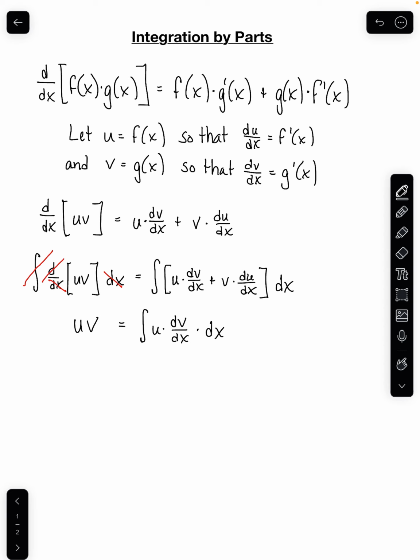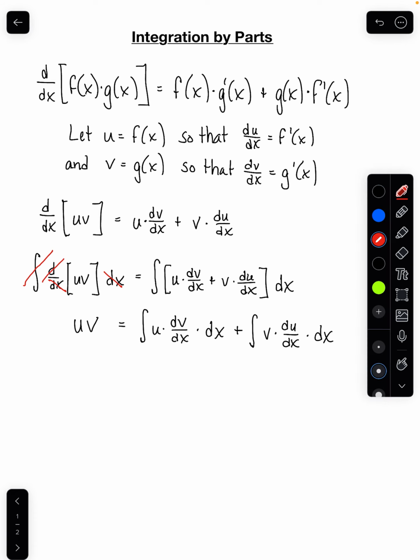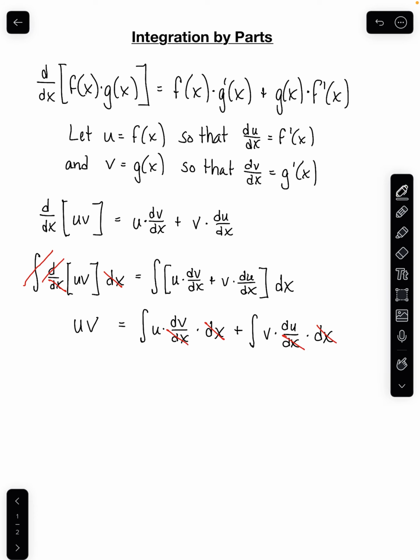So the integral of the first term, u times dv over dx, with respect to x, plus the integral of v times du dx with respect to x. And much as happened on the left side, we're going to get some dx's canceling in each of these integrals, so that the right side is going to leave us with the integral of u dv plus the integral of v du.